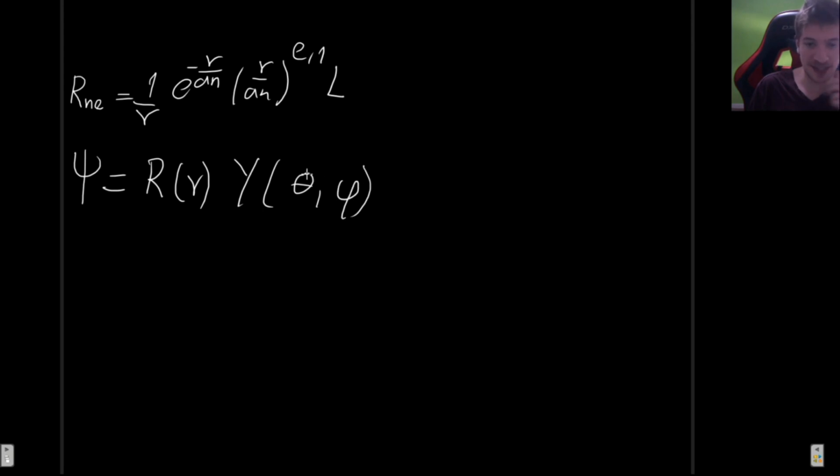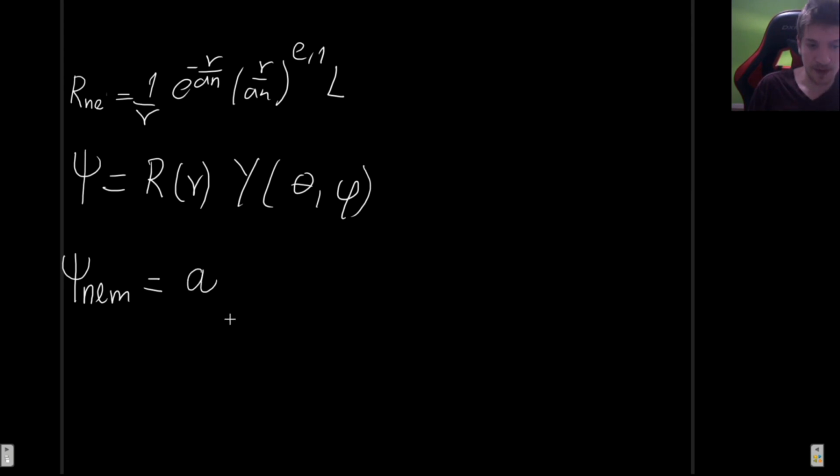And remember, the radial solution was actually not the solution to our problem. We were looking for psi, which we wrote as some radial function of r times some function of theta and phi, which we saw are actually the spherical harmonics. So let's now put all of our results in here. So we're going to see that psi will depend on n, L, and m. And what will it be? It will be some constant of integration, right?